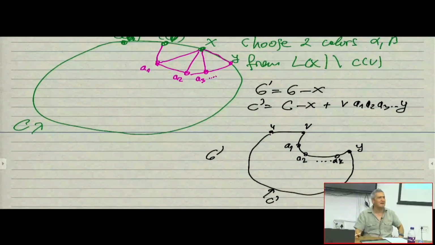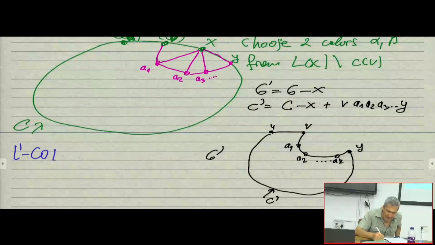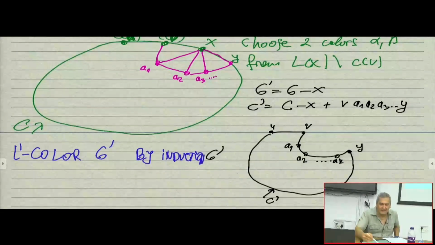We color this by induction, okay? Now L prime, we color G prime by induction. So we color this graph by induction, yes?